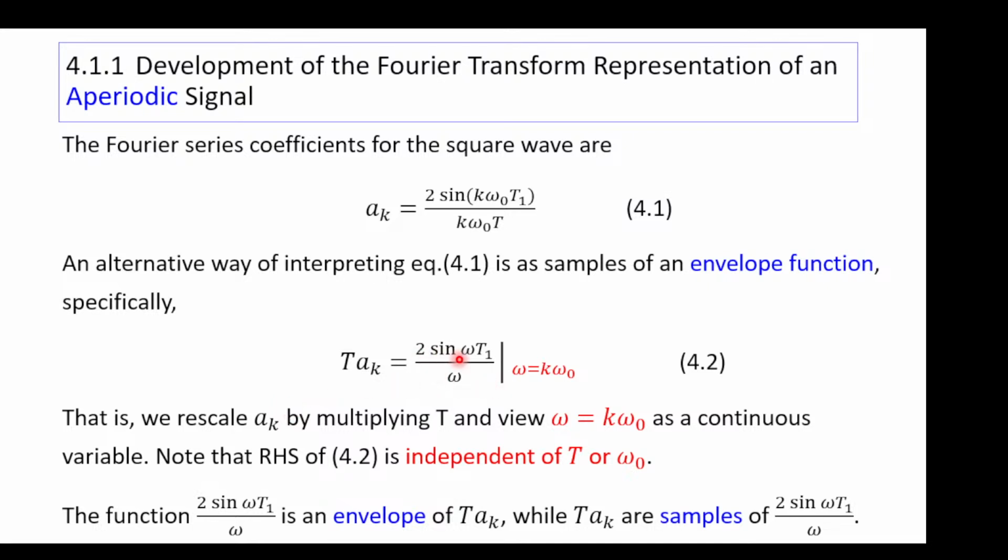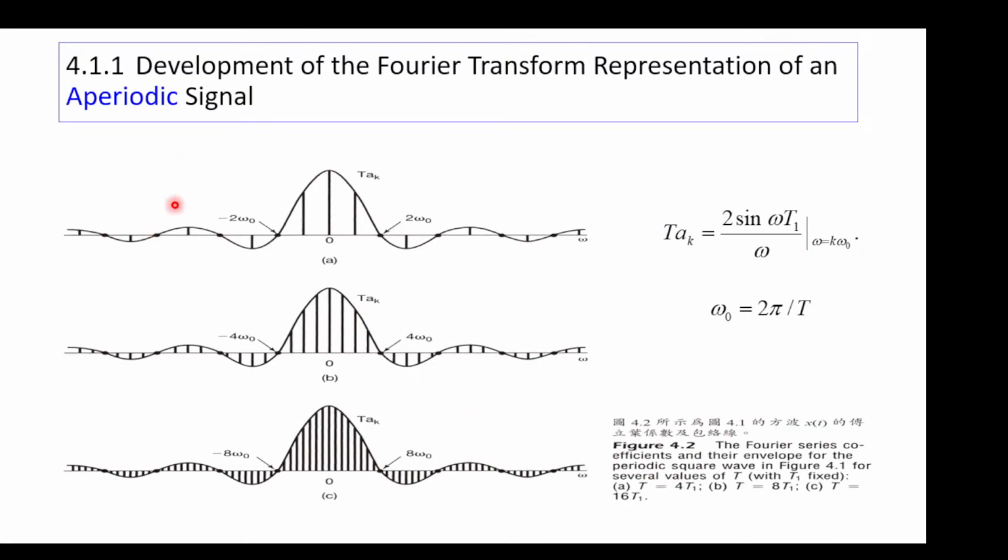The 2 sine omega t1 over omega function is just a fixed envelope function that stays the same. You can get your a_k from this envelope function, which doesn't depend on big T and doesn't depend on k. So what you do to get a_k is sample this envelope function.